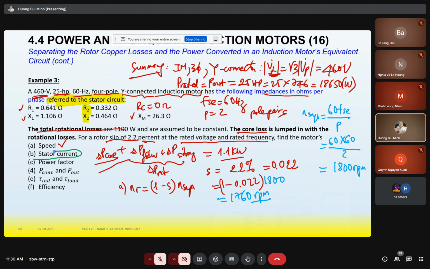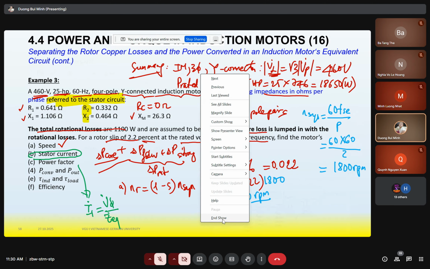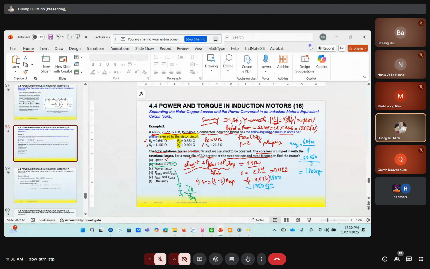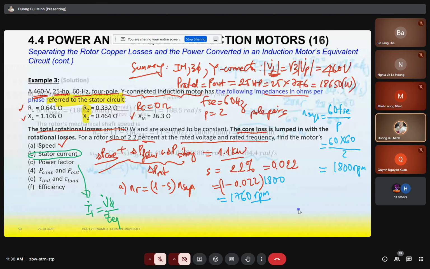Stator current. We have the formula, right? To calculate stator current, we have I1 equals V phase over Z equivalent. Maybe I will stop and open again because we have some lagging.